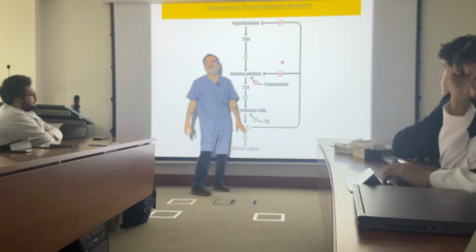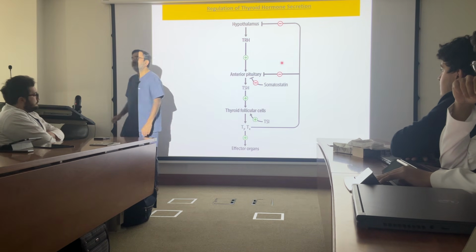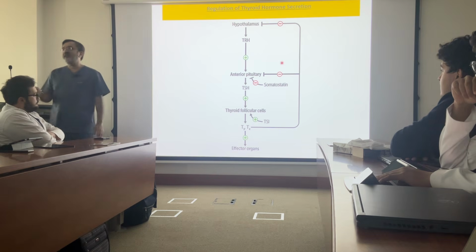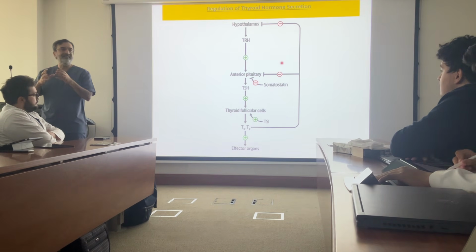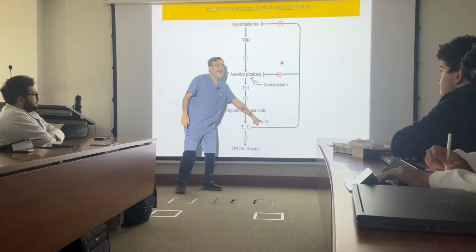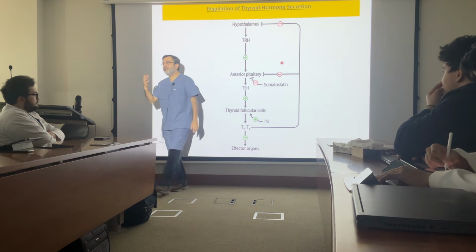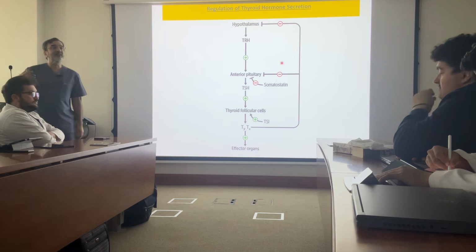There is an autoimmune disease and you are producing an antibody which is called thyroid stimulating immunoglobulin. So it has the same structure as TSH. The TSI is an auto-antibody. It happens in a disease which we call Graves' disease.